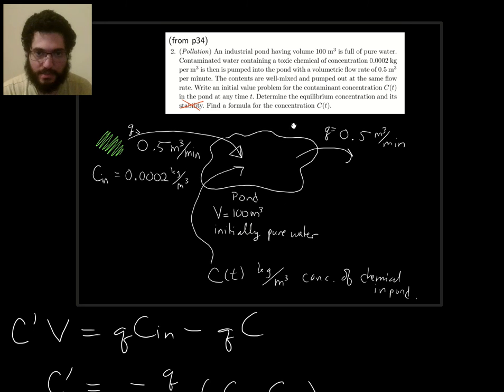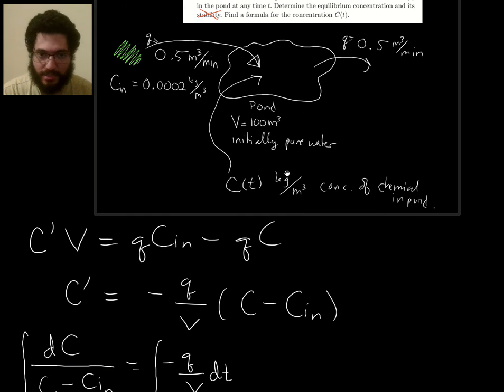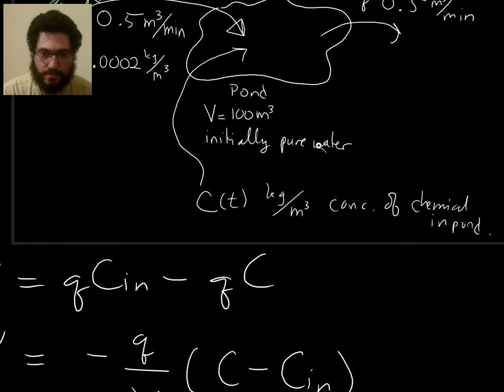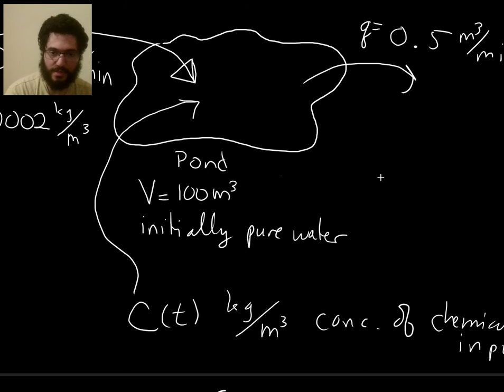But in the end, I want a particular solution, right? I want to find a formula for the concentration. So instead of finding a general solution and then solving for the free parameter by imposing the initial condition, I can put in the initial condition right now. What's the initial condition? The water is initially pure. Let's write that as an equation.